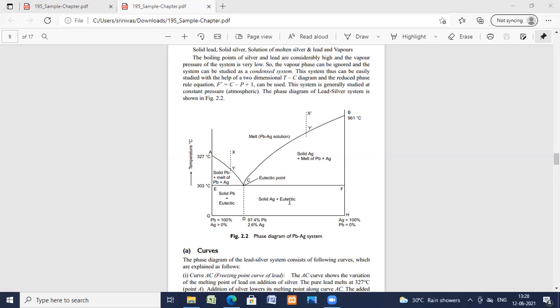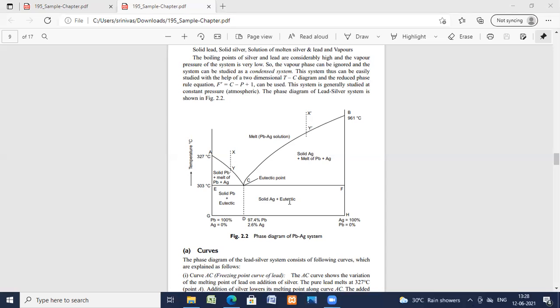The example of this one, lead, silver I have taken. Still there are examples: potassium iodide, water, lead, antimony, bismuth, cadmium system, zinc, cadmium systems.